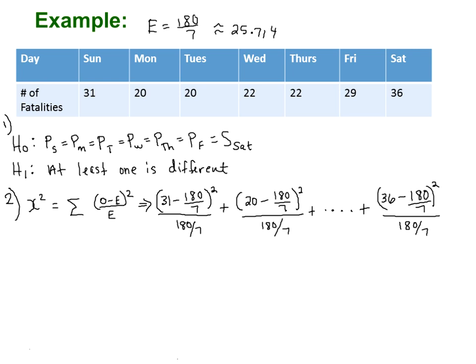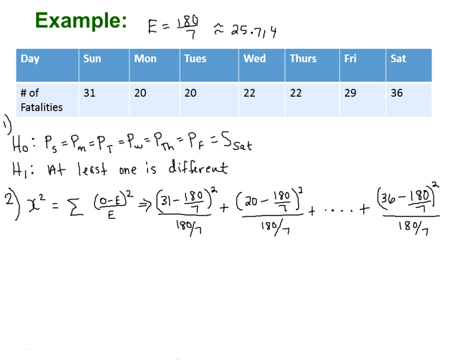As an alternative, you can put this data into your calculator, and the calculator gives you a test statistic. But that's how the formula works. If you were going to use the formula, you would take every observed frequency, subtract the expected frequency, square it, divide by the expected frequency, and add all that up.